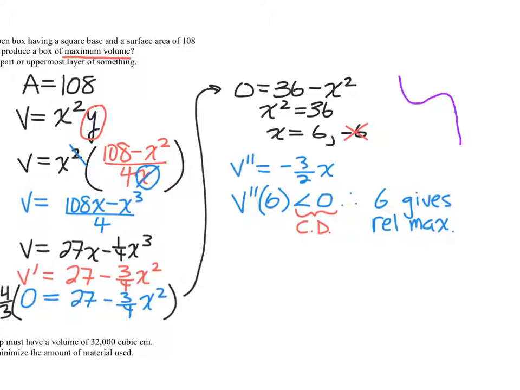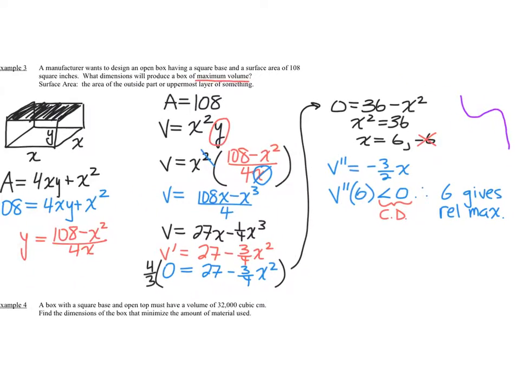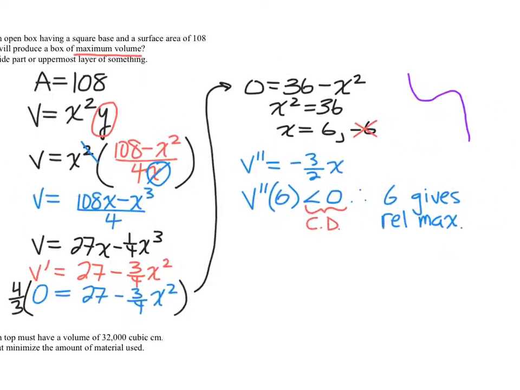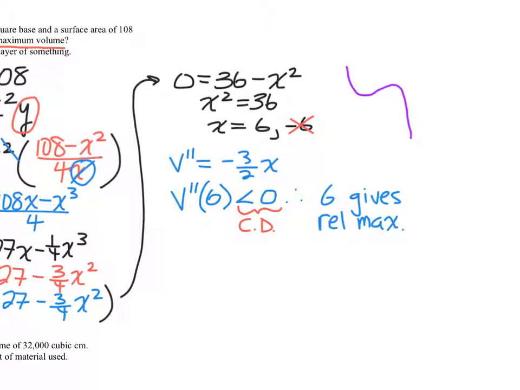So take my area formula, because that was my known expression. A equals 4xy plus x squared. Other ways you could do it, but this is probably the most analytic way.